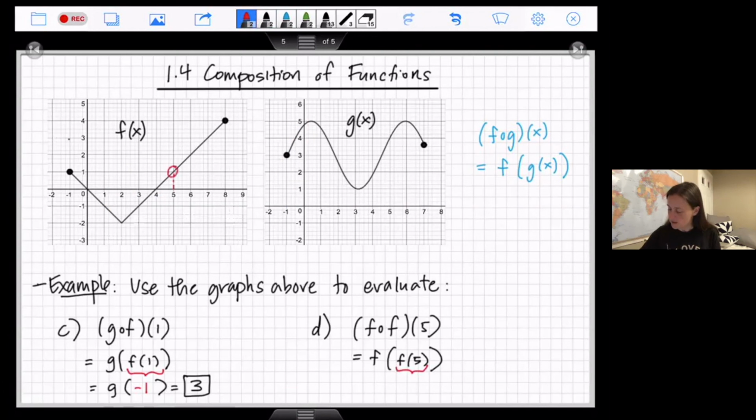F of 5 is equal to 1. So this notation is asking me to find f of 1. So now I go over to f of 1, which we just found was equal to -1. All right, that's it for compositions of functions, and I'll see you in class.